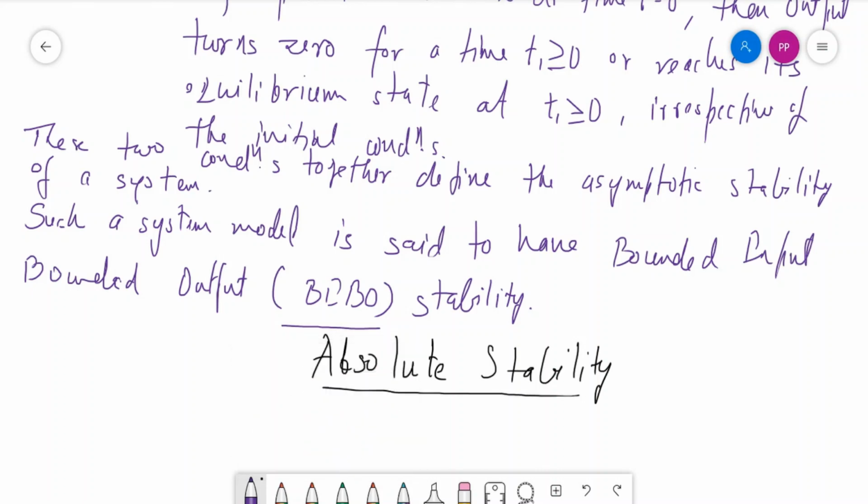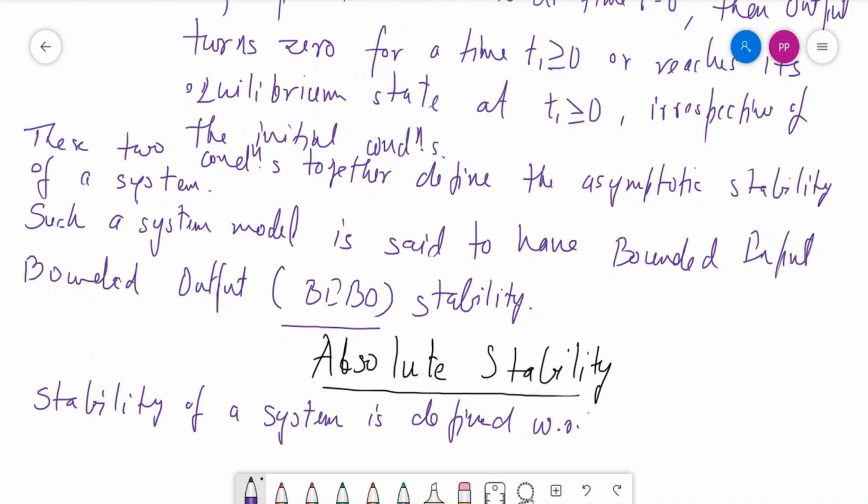So as I mentioned, stability of a system is defined with respect to certain parameters of the system.